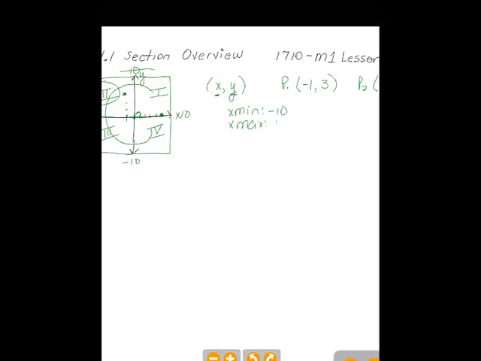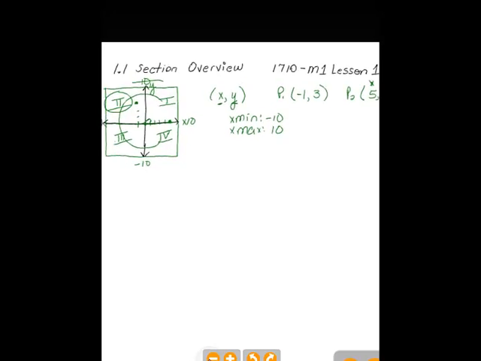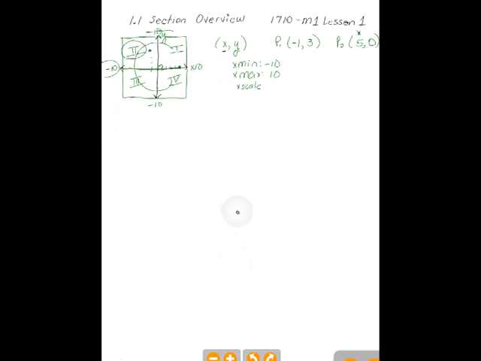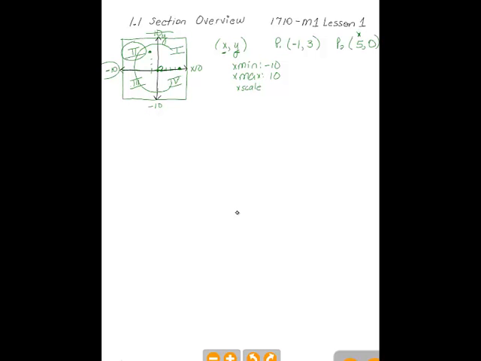The largest x used on that particular screen is 10. And there's something called x-scale. It's how much each little tick mark is equal to, so it would be 1 unit per tick mark, and then the y-min for this particular grid would be negative 10, y-max 10, and the y-scale of 1.